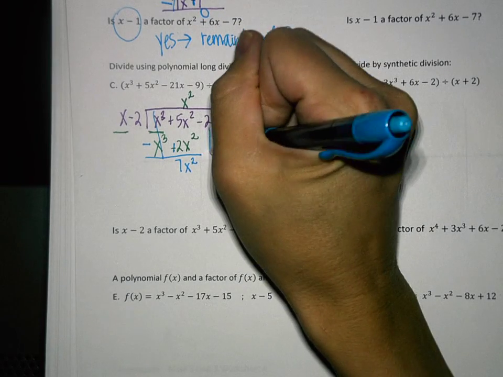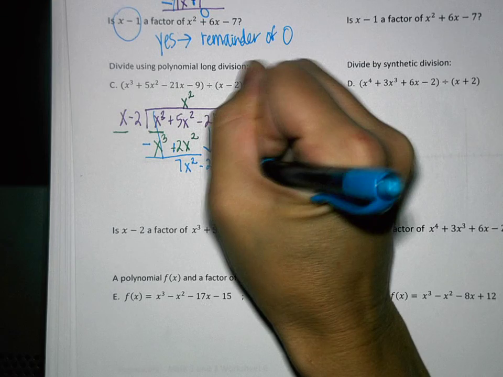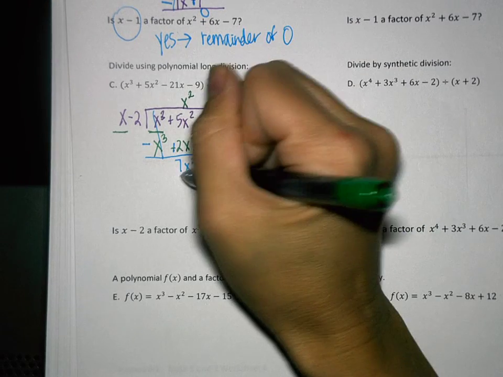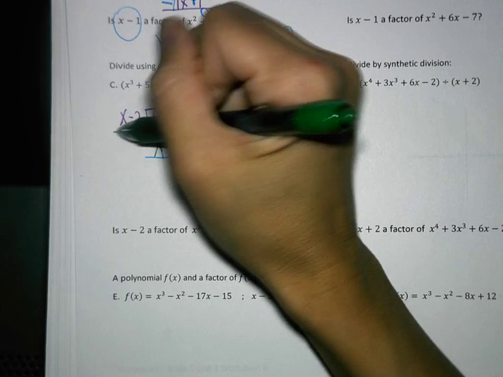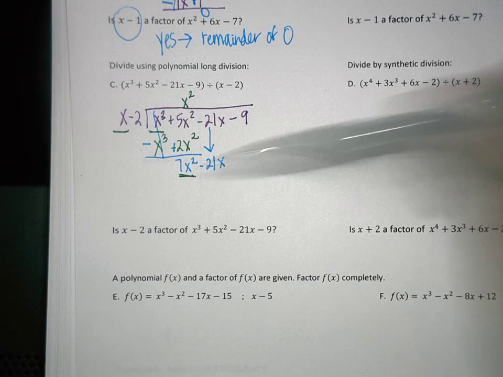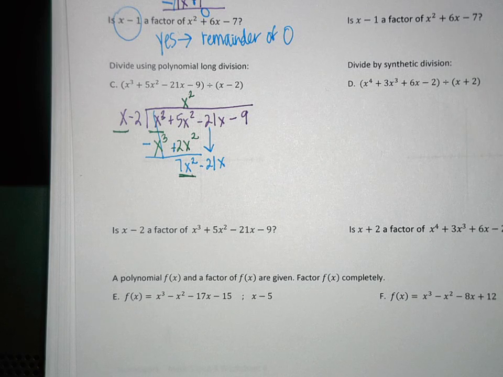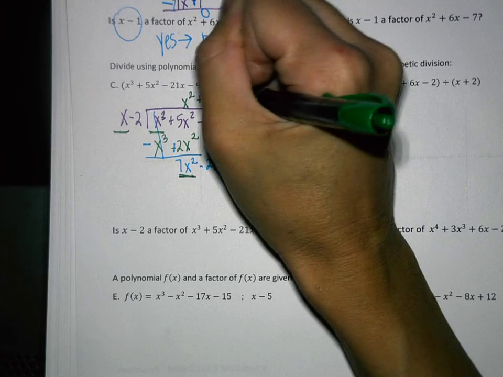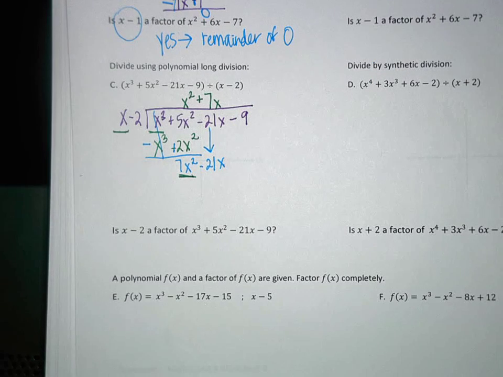We bring down our next term, which is negative 21x. Again, we are always looking at just our first terms. And so x times what will make 7x squared? Good. And specifically, that is a positive 7x. So we put plus 7x.